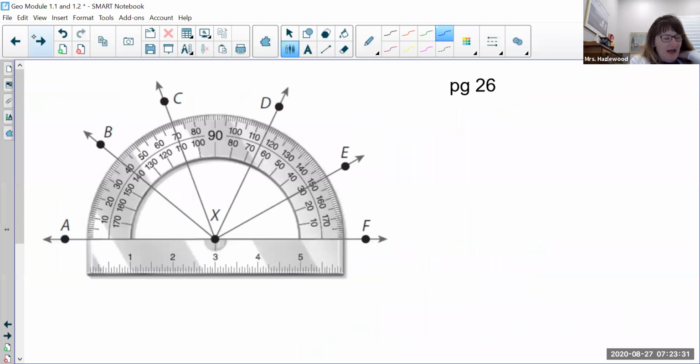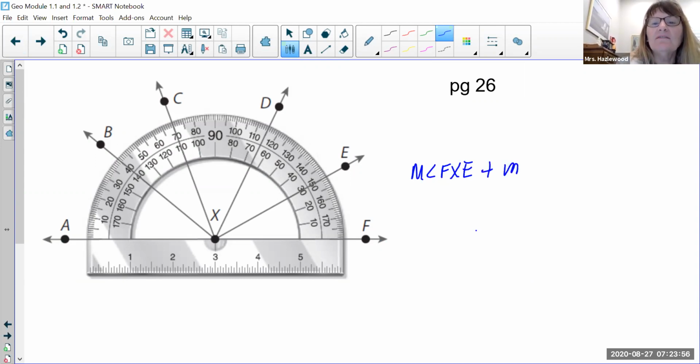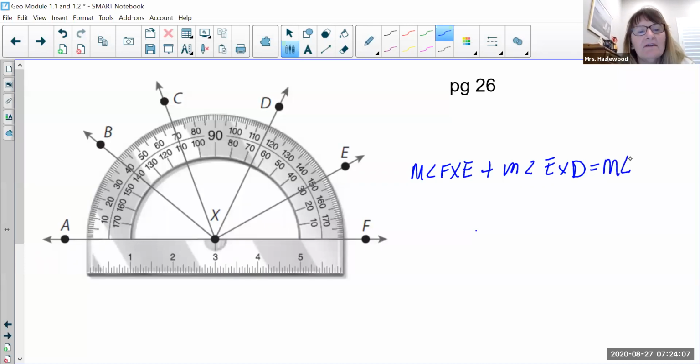All right, so let's look at this protractor on page 26. It's just part of your homework. Let's say I want to know the measure of angle FXE, and then the measure of angle EXD, and I'm going to say it's equal to the measure of angle FXD.